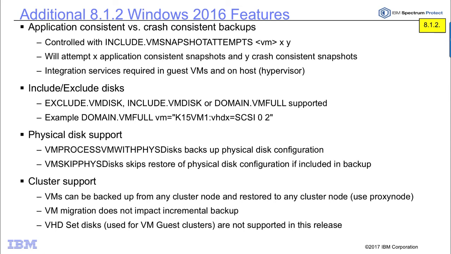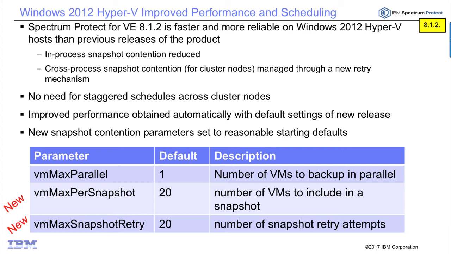Now, in addition to the new support for Windows 2016 RCT, we've also improved the reliability and performance of Spectrum Protect on Windows 2012. We have supported backing up Hyper-V with Spectrum Protect data protection for VMware in Windows 2012 for quite a while.